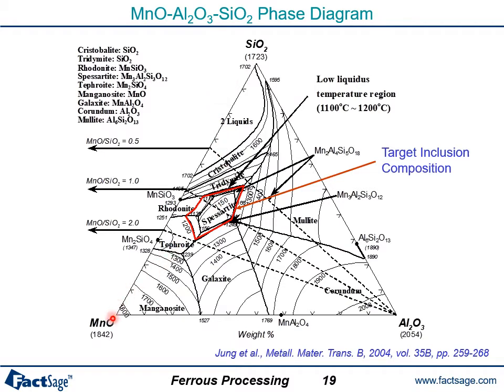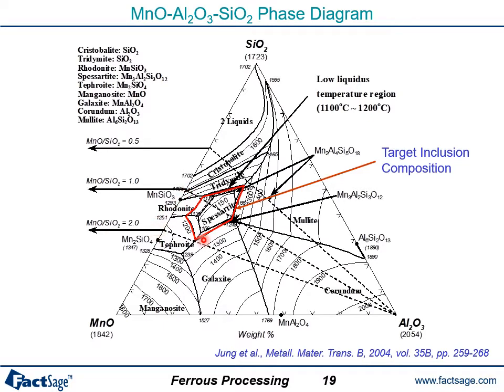If you look at this phase diagram, the isothermal lines here are 1800 degrees, 1700, 1600, 1500, 1400, and 1300 degrees, and then there's another 1300 degree line. Within this range, you can see there's a possible liquid inclusion which has a melting temperature down to about 1250 degrees Celsius.